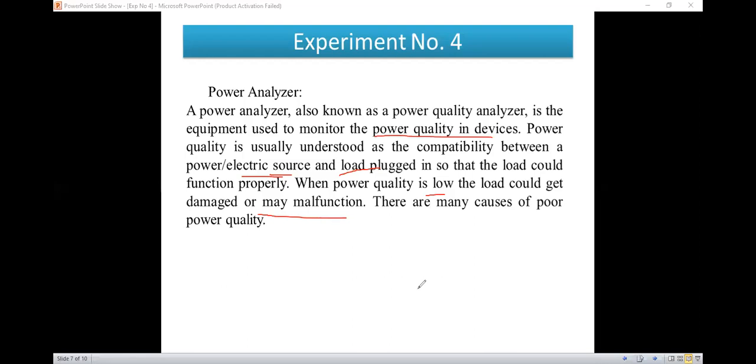If there is non-linear load on that system, at that situation it will lose quality of power. So tell me any one example of non-linear load. Anyone? Can anyone name a non-linear load example?